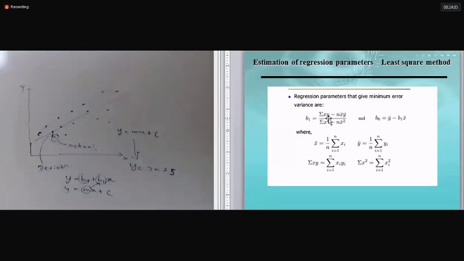Then I will explain by example the relationship between what I have explained here and this one. Everything in this slide you have to write down, the b1 formula, the b naught formula, and these things. You may not understand as it is, but I will take one example and explain it. So please write down the content in this slide.